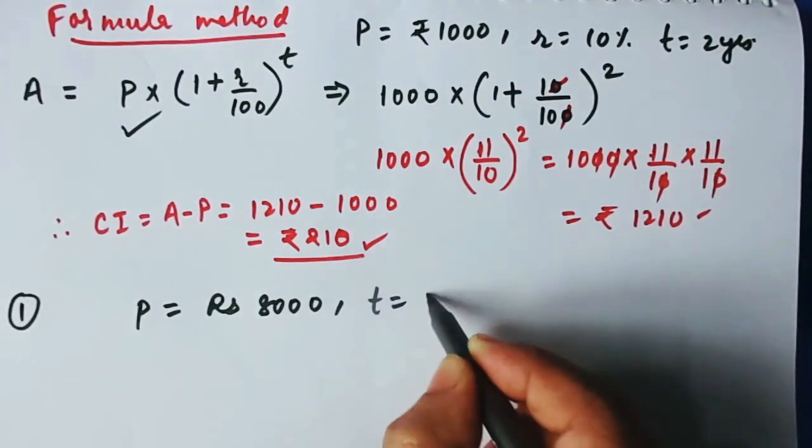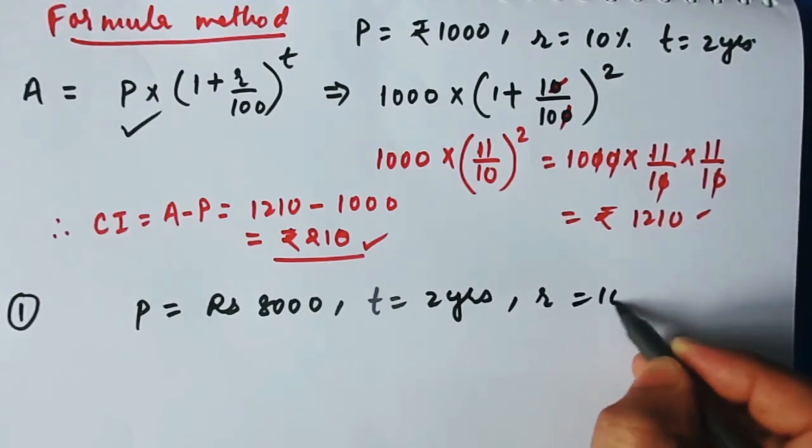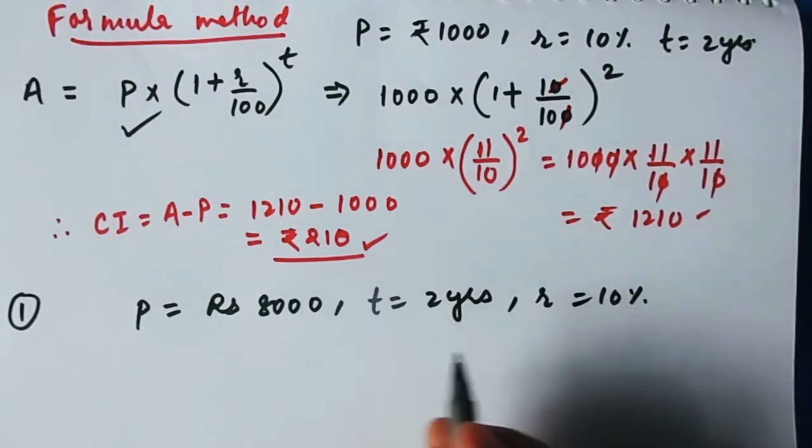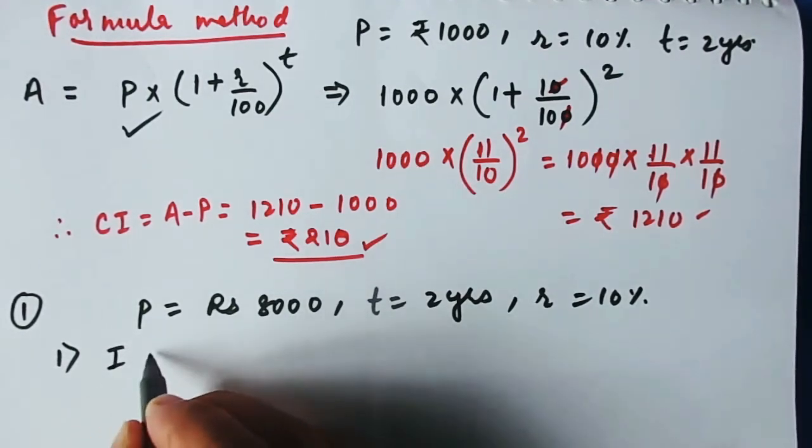Time they have given you 2 years. Rate is equal to 10%. And what are they asking you? Calculate the interest for the first year.